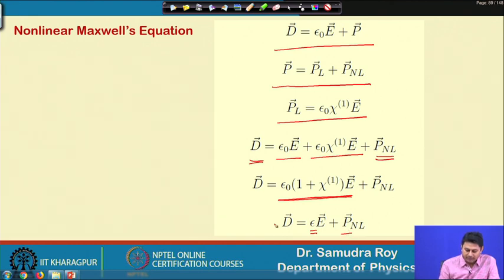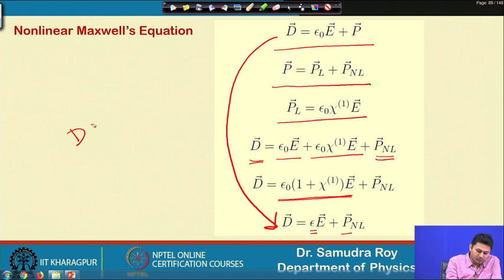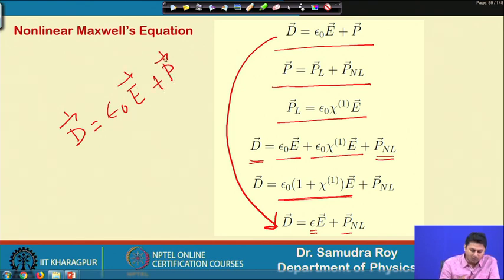So, if I look from this equation to this equation, what essentially is changing? D was epsilon 0 E plus P, this P is the P total. Now, I combine this P linear term here, and in this P linear term we have the information of the refractive index, that is the material information.